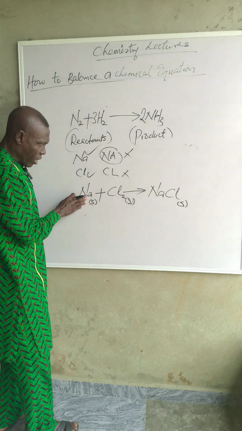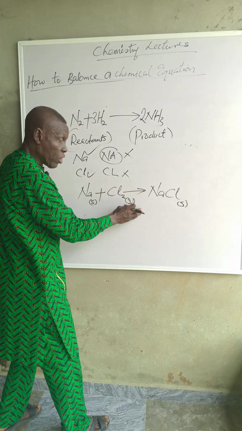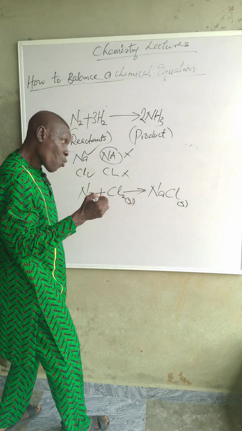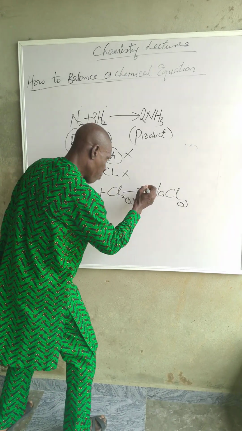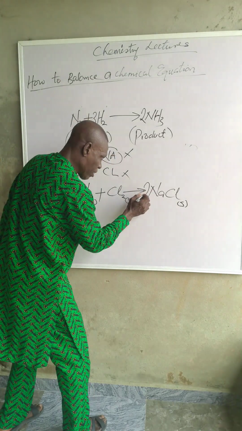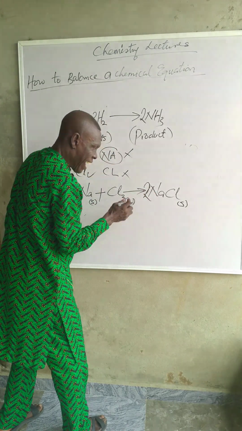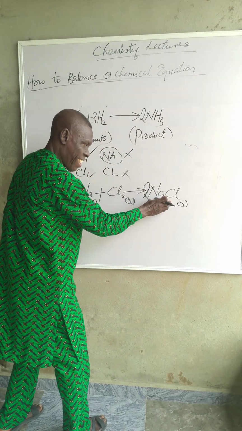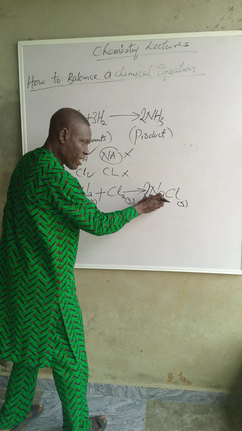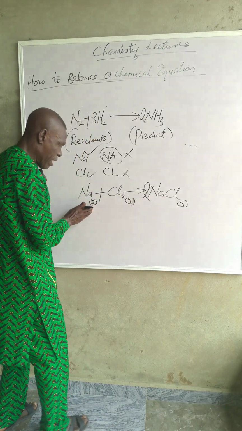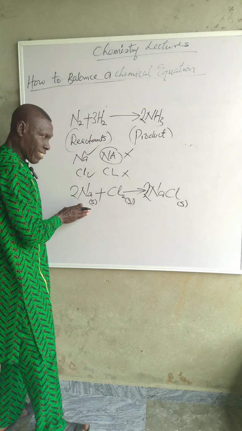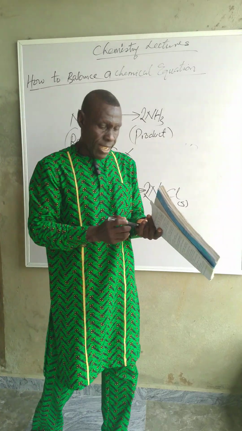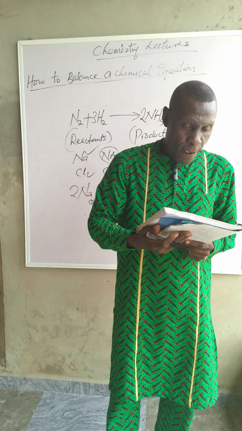Sodium is 1 and sodium is 1. To balance this equation, you start from the lowest. If you put 2 here, this 2 becomes a coefficient, a multiplier of everything here. By this 2, you have made sodium 2. Sodium here is 1, so you put 2 here also to balance.